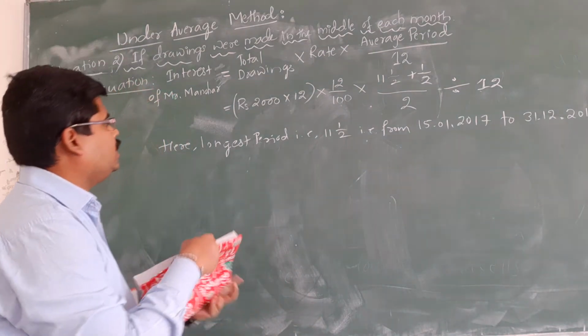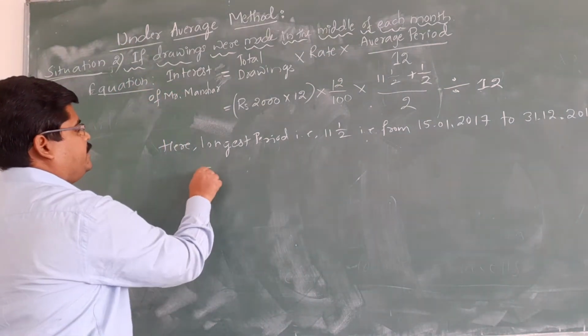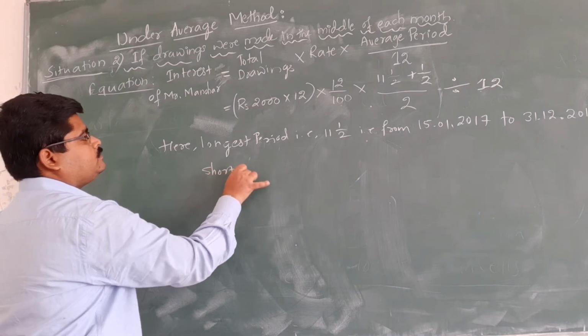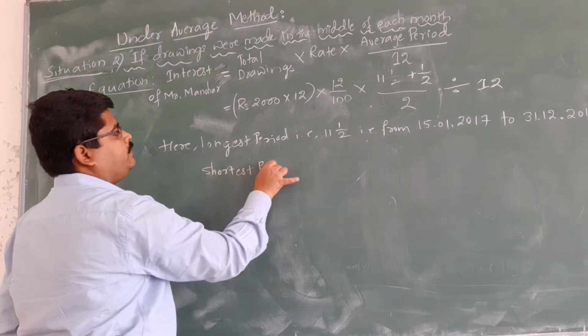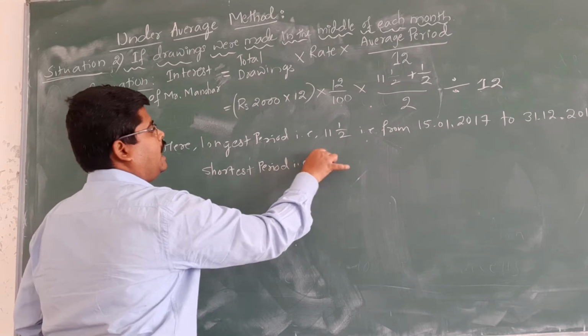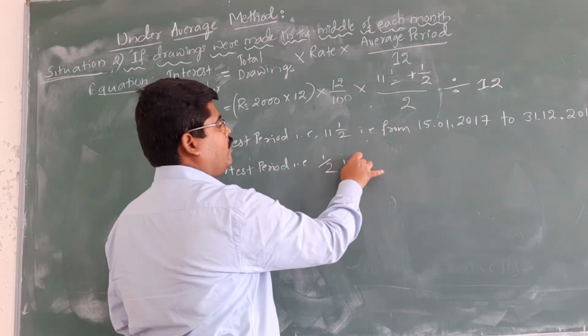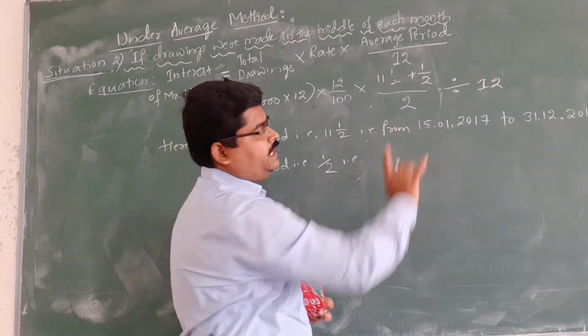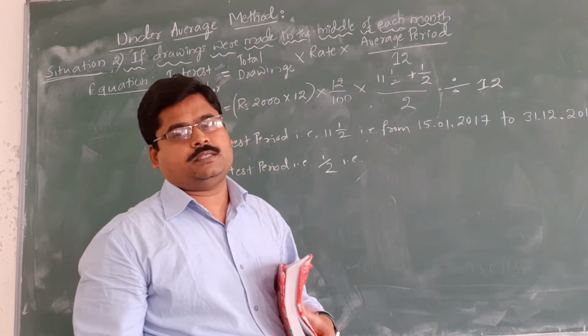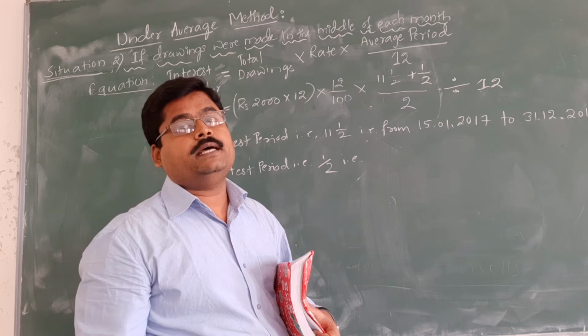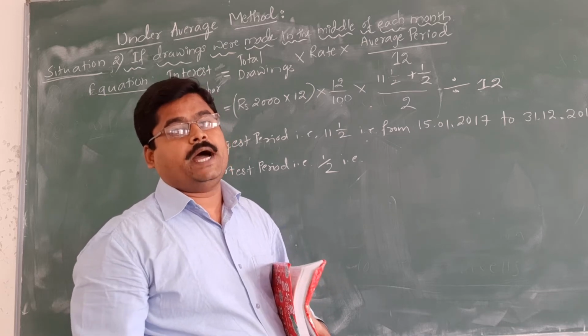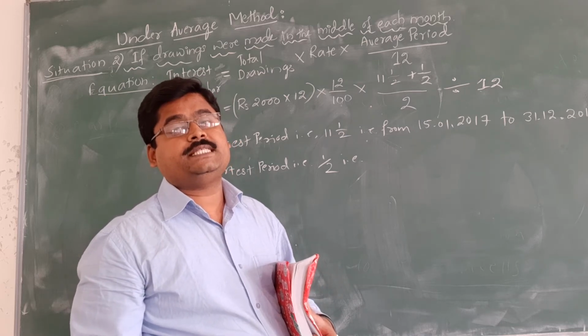And what about the shortest period? The shortest period here will be only half a month. Why? Because from January he has started making the drawings, and the 11th month will end by 15th December.